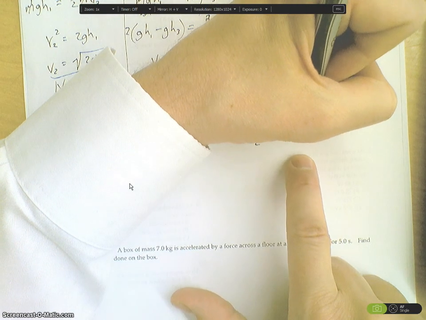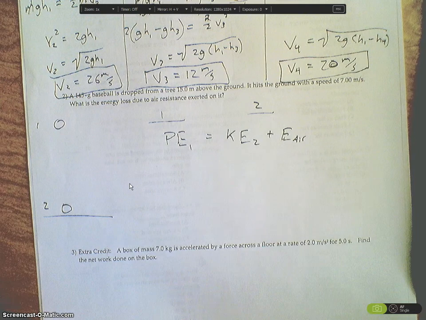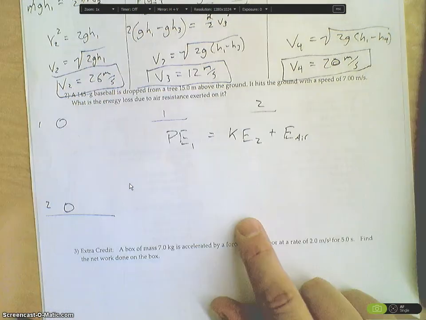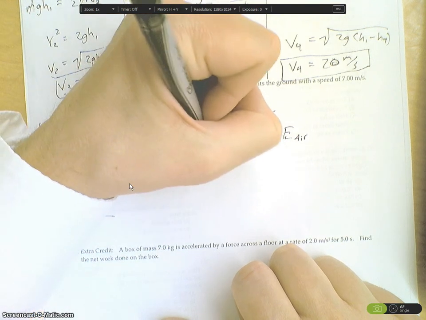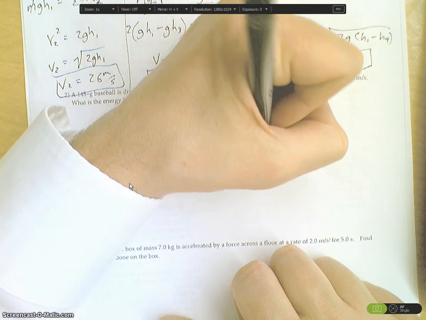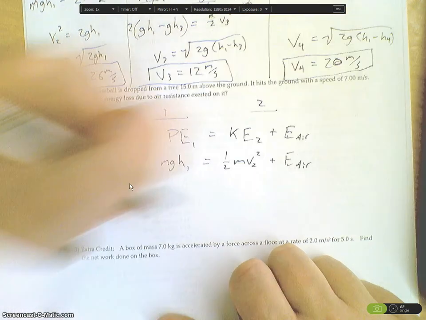And that energy probably would have been turned into heat, or the kinetic energy of the air molecules. From here, I can put in my numbers. mgh at 1 equals 1/2 mv squared at position 2 plus the energy of the air.